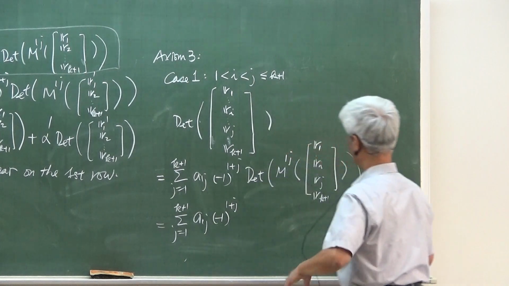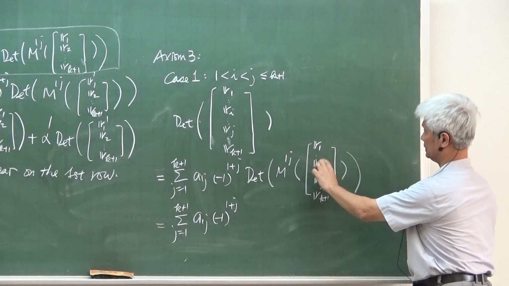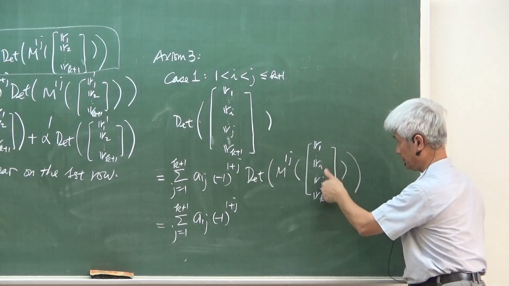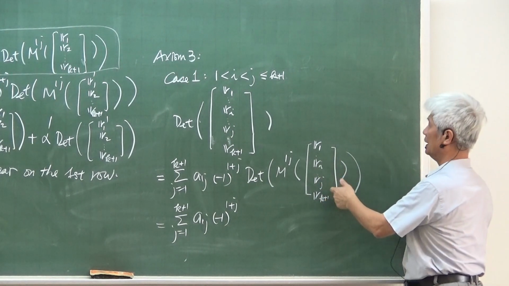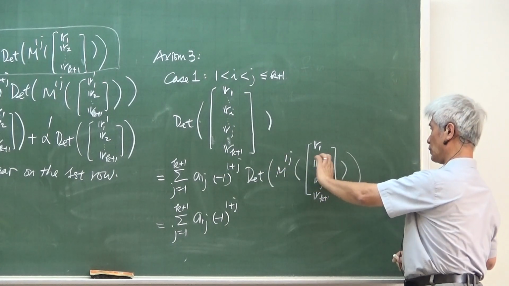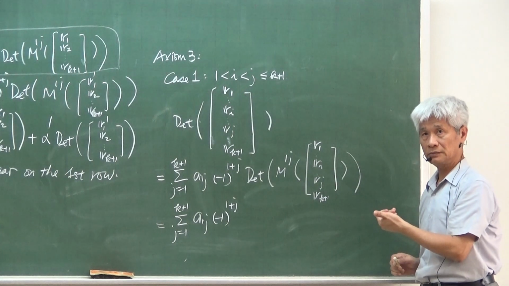Now, if we exchange the i-th and the j-th row, then the minor will exchange the corresponding two rows. Why?